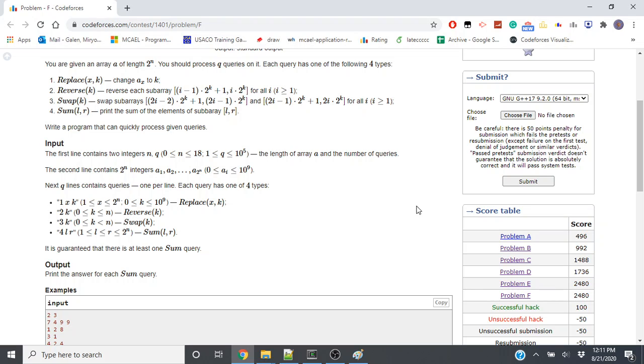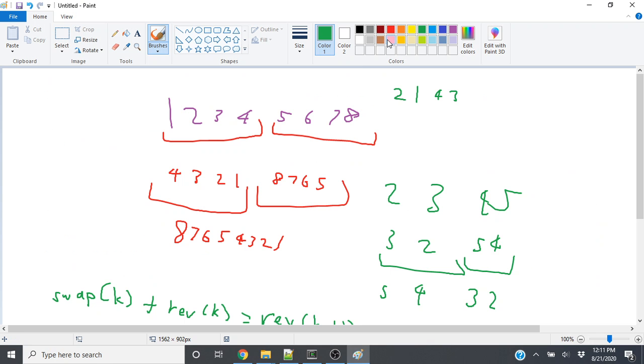For example, if we do a reversal that covers the whole range, let's say we want to query this, then we just kind of flip it so that the new range is like here.